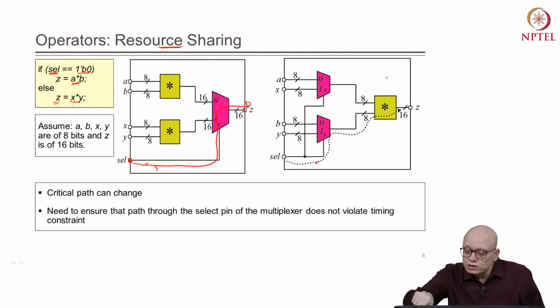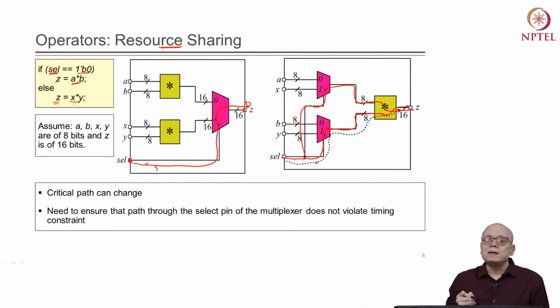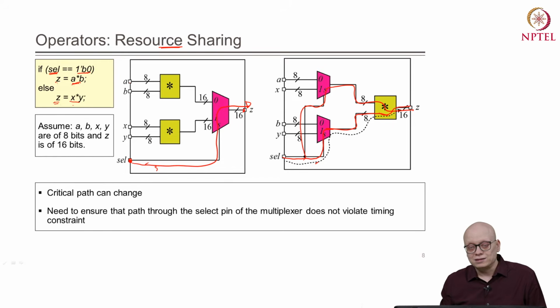However, if we look into the second implementation, from the select line to the Z line, we have not only the multiplexer, but also the multiplier, right. Either we see this path or this path, in both of them we will have a multiplier in the path.